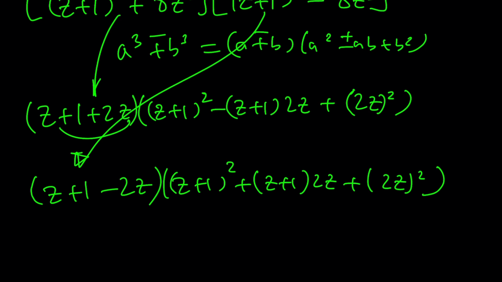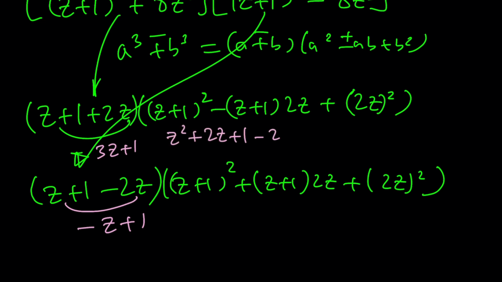For example, this one is fairly easy because that'll be 3z + 1, and this one should be negative z + 1, or you can write it as 1 - z if you want. This one is going to be z^2 + 2z + 1 - 2z^2 - 2z + 4z^2.